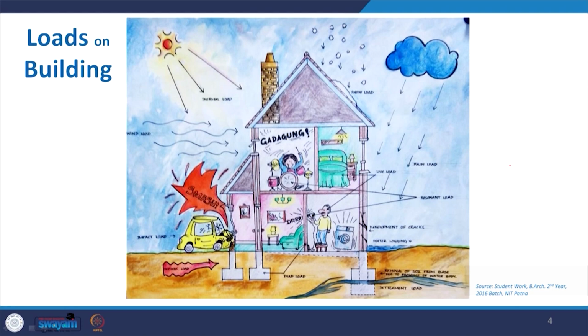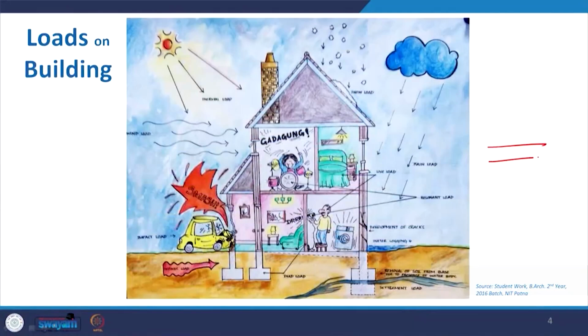So, starting from the sun, we all know that it produces heat, and that definitely causes changes in properties, depending on the material. So, it will be impacted by the thermal heat, and with heat it may expand, or sometimes in winter season it may squeeze down.